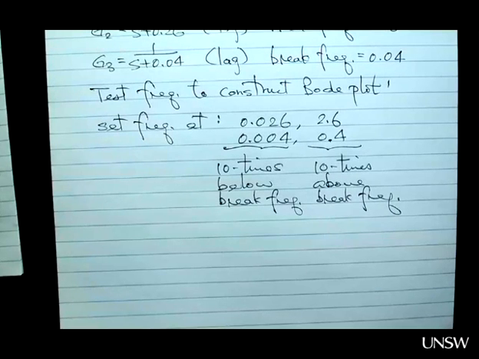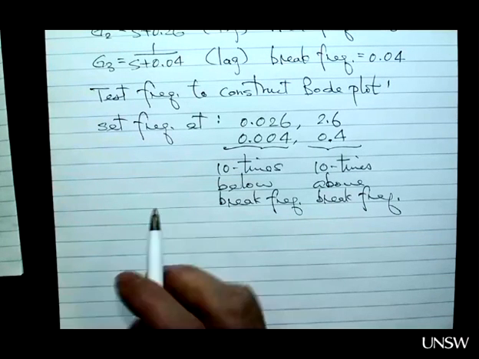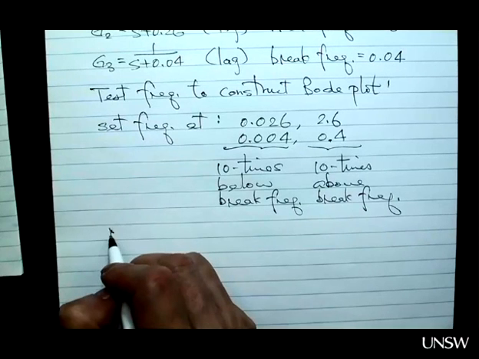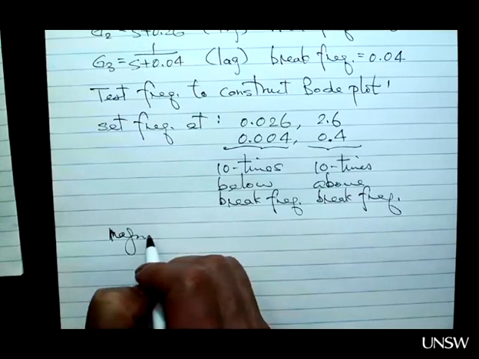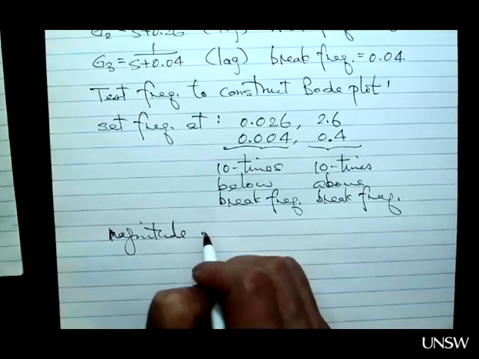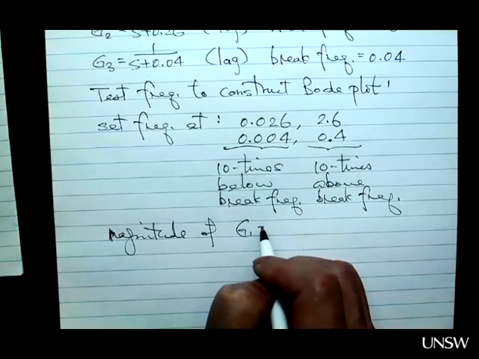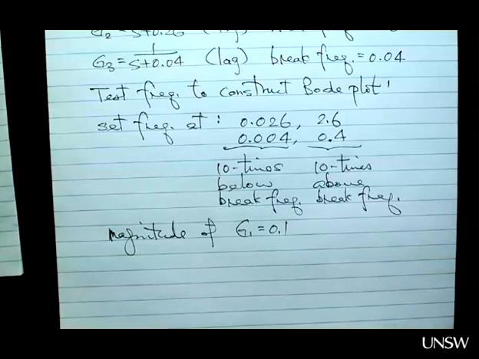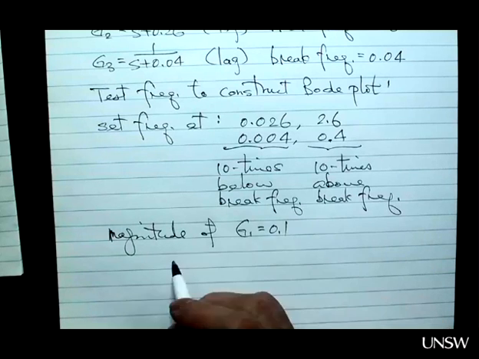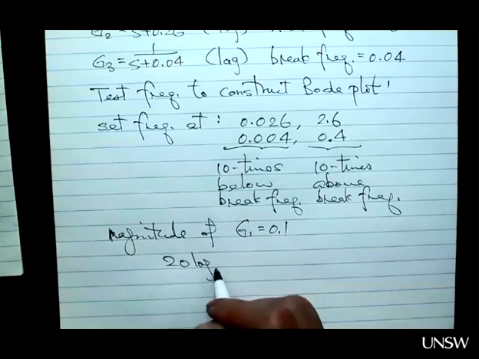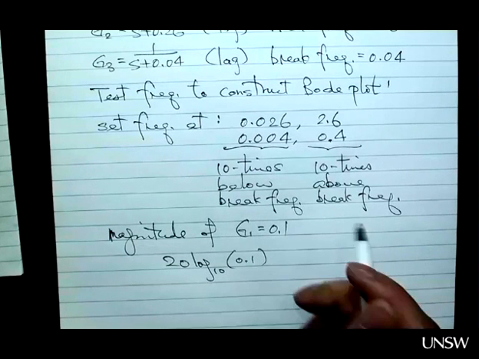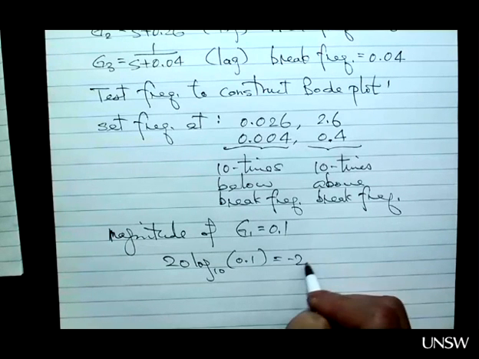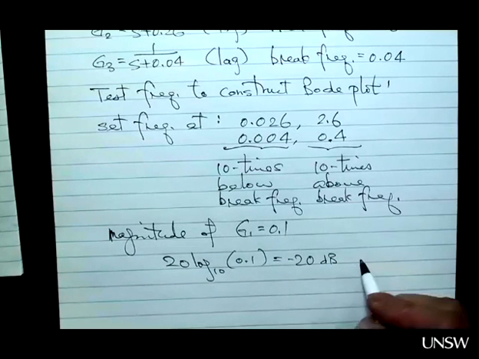So the magnitude of the term 1, the magnitude of G1, okay, equals 0.1. So it is 20 log 10, 0.1. So it is minus 20 decibel. And then the important thing is that it is constant for all frequencies.